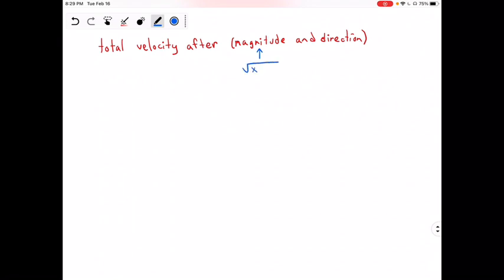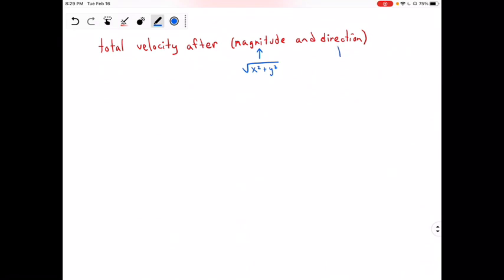So I'll find the total velocity after. And since velocity is a vector, that means I need magnitude and direction. The equation for calculating the magnitude of a vector from its components is the square root of its x component squared plus its y component squared.